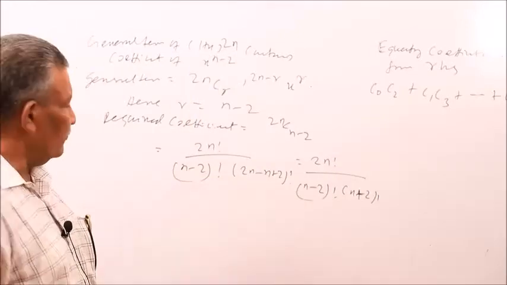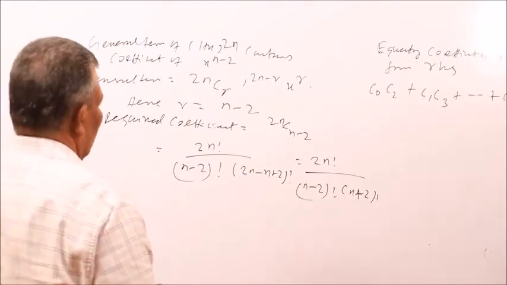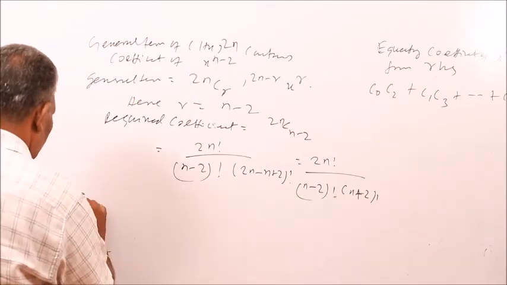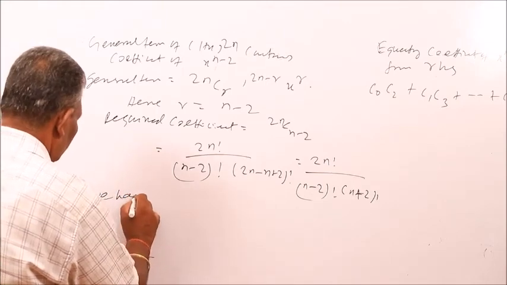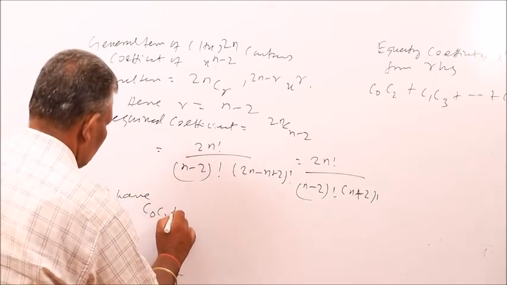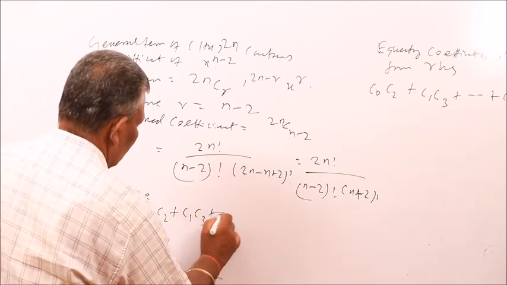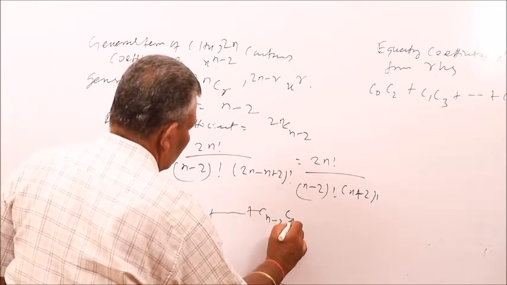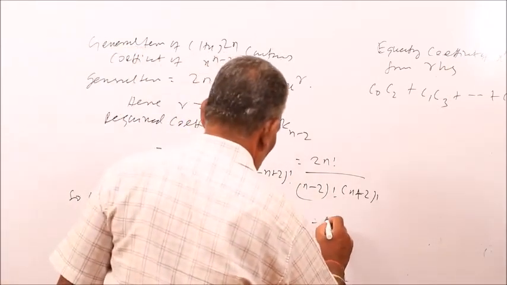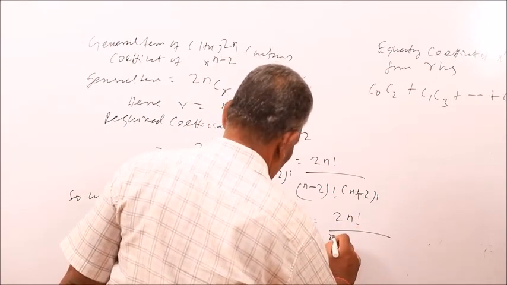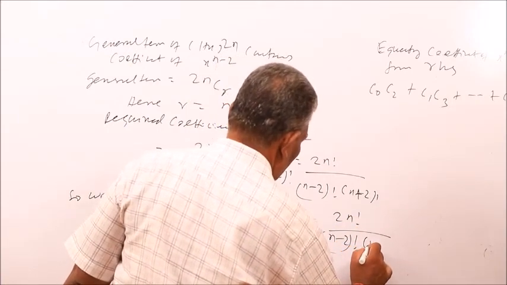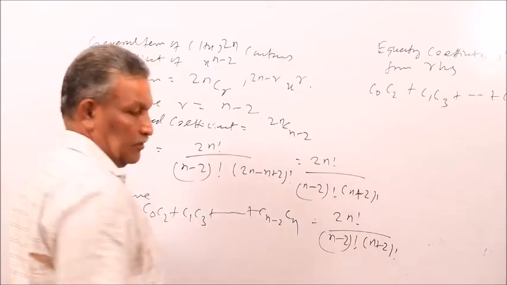Comparing the coefficients of x to the n minus 2 from both sides, we have C0 C2 plus C1 C3 up to Cn minus 2 into Cn equals 2n factorial divided by n minus 2 factorial n plus 2 factorial.